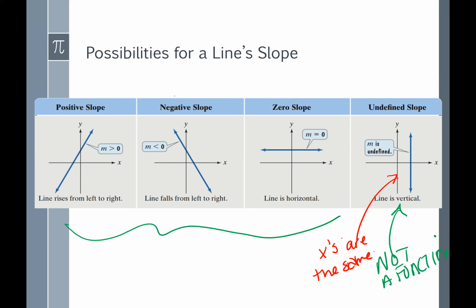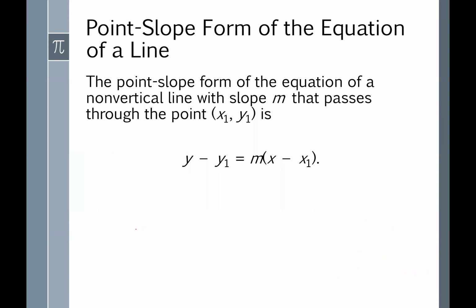All right, so the first form of the line that we have is the point slope form. What does this form of a line mean? Well, you can create the equations of lines from their points. Given 2 points on a line, you can find the equation of that line, and you can do that using one of your formulas.